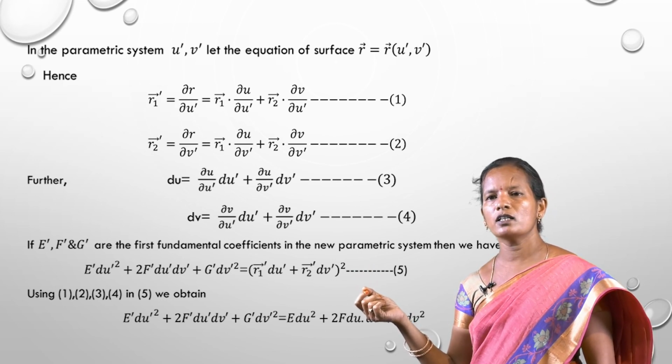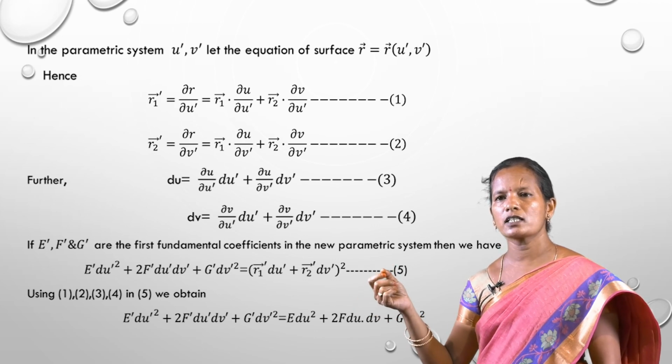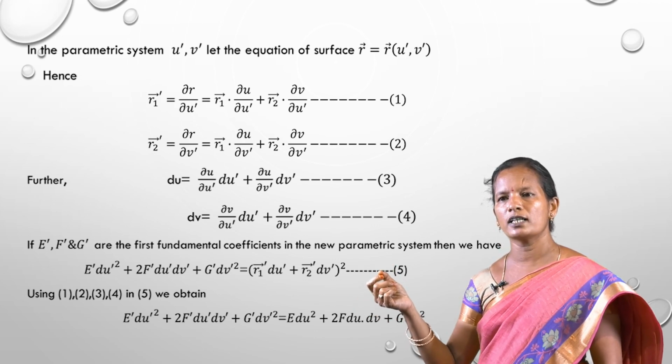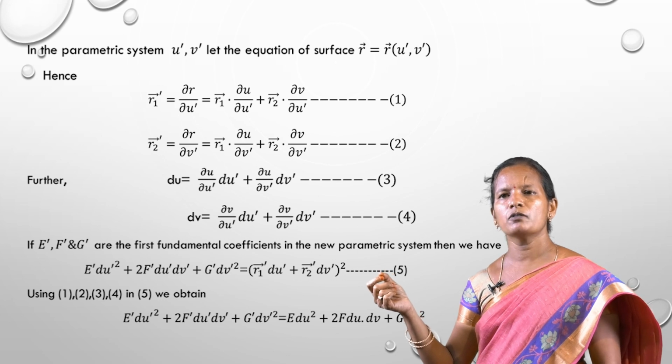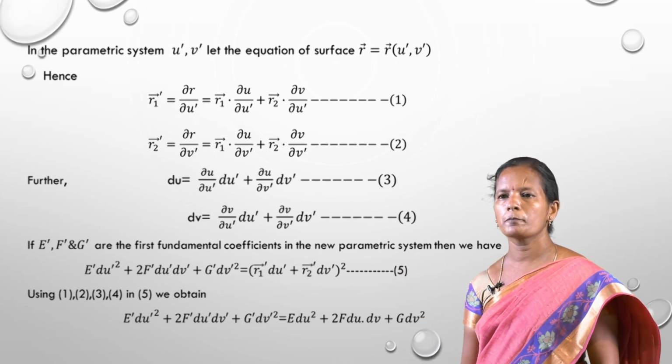Using equations 1, 2, 3, 4 in equation 5, we obtain E dash du dash squared plus 2F dash du dash dv dash plus G dash dv dash squared equal to E du squared plus 2F du dv plus G dv squared.